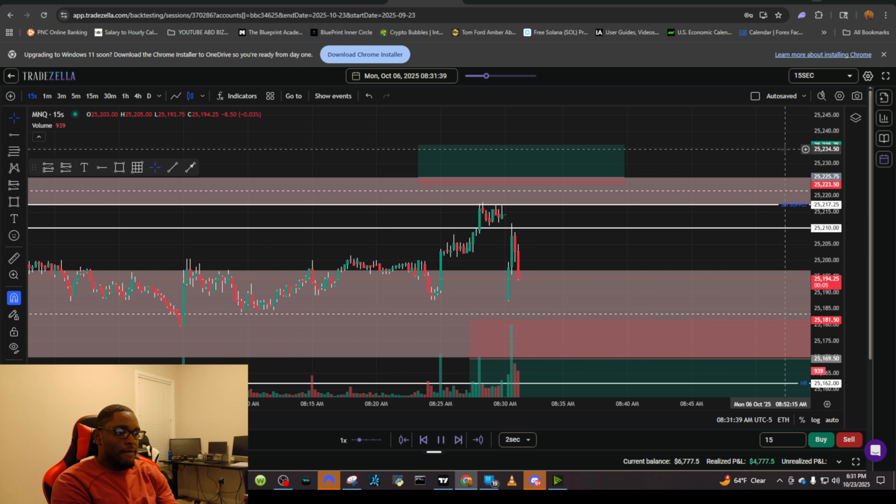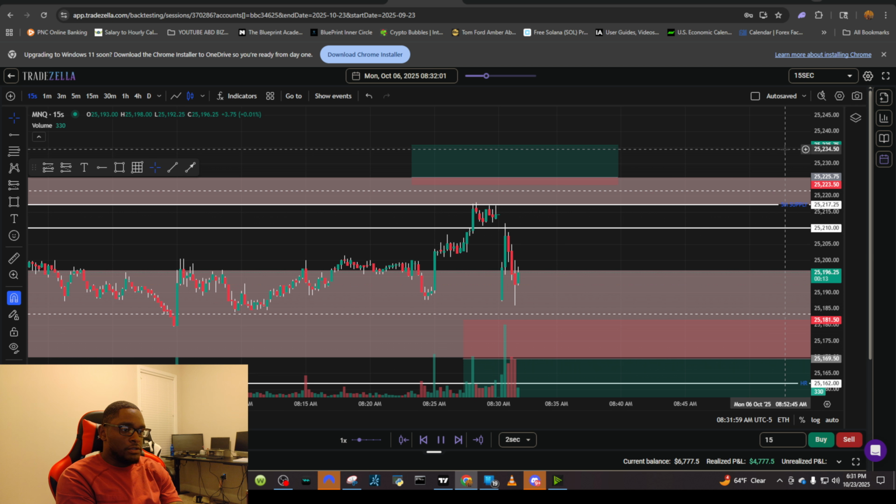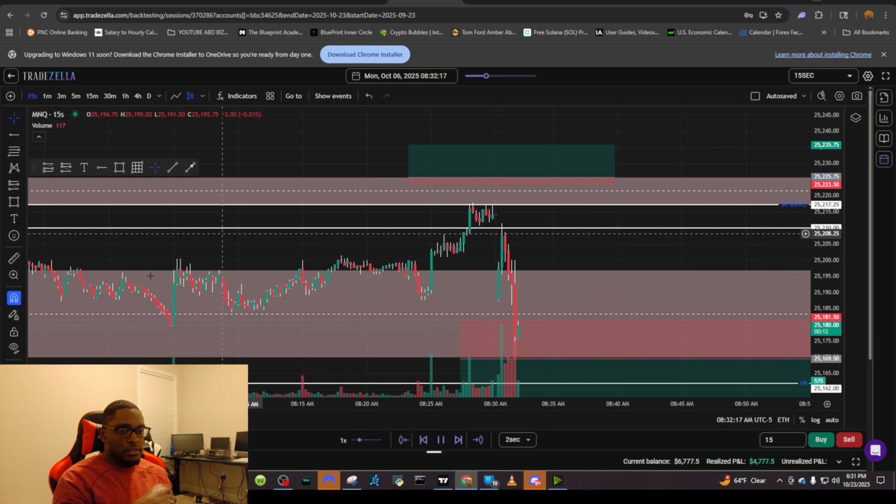Or no trade. This is an area of interest where we've been consolidating and bouncing off of. So we might get a bounce right here. Just hit a demand zone. We have this demand zone right here.